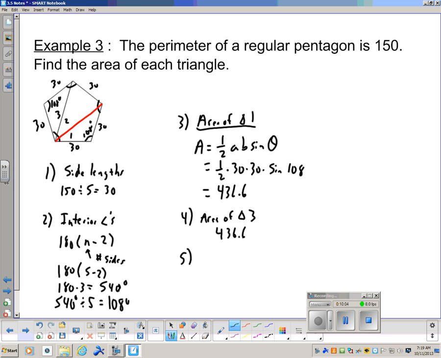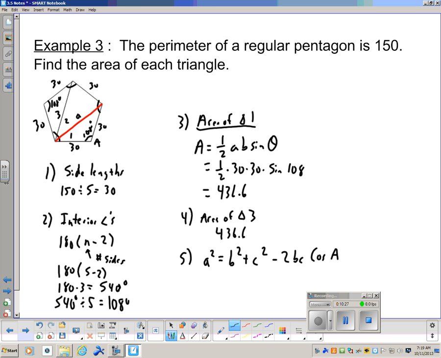So my law of cosines says a squared is equal to b squared plus c squared minus 2bc cosine A. I'm just going to call that side a. So this is like angle A over here, and then these two sides here are b and c.